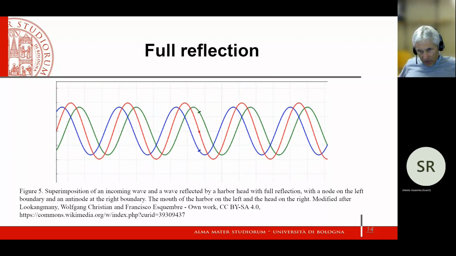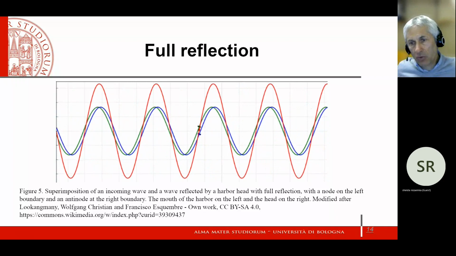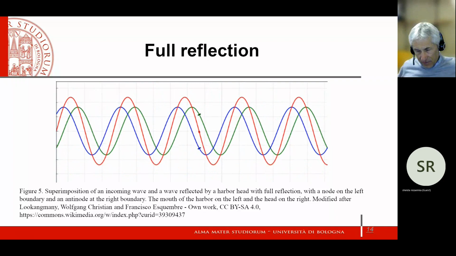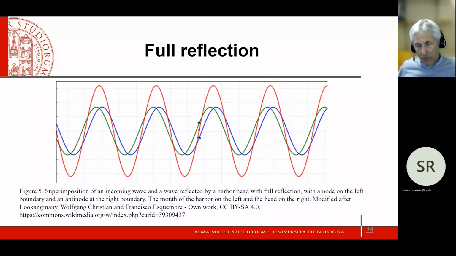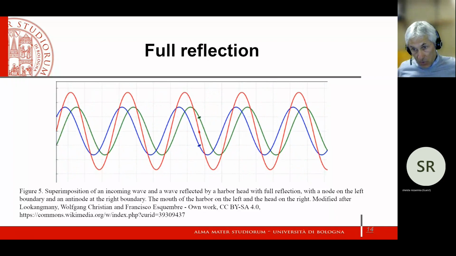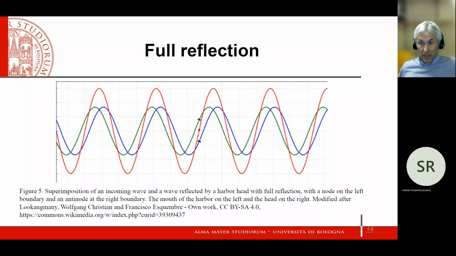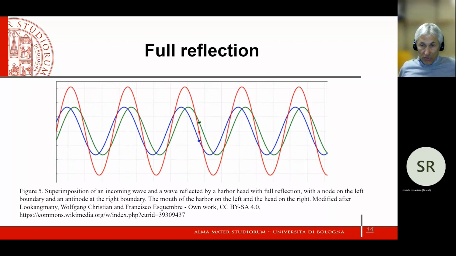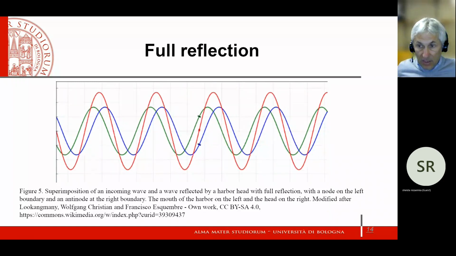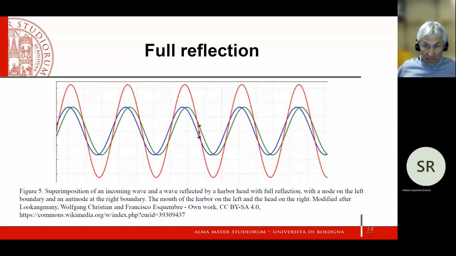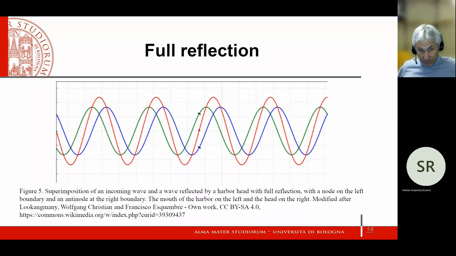So first of all, look at the fact that the blue wave and the green wave are traveling. In particular, we have the green wave traveling on the right, and the reflected wave is the blue one. The red wave is not traveling, is not moving. So you understand why it's called a standing wave.